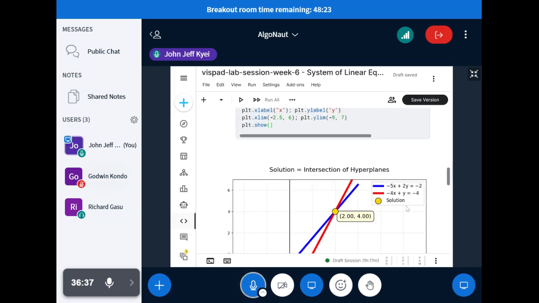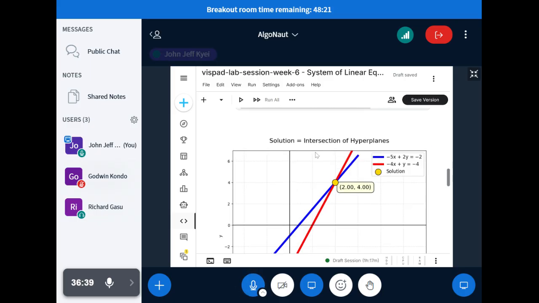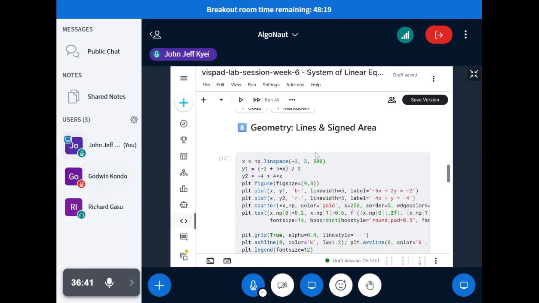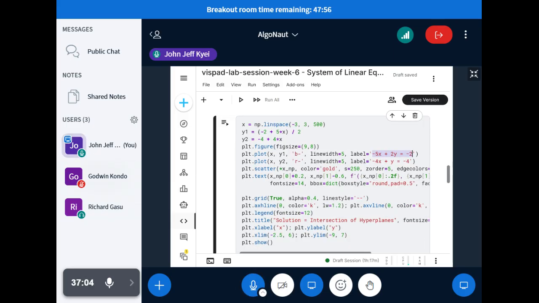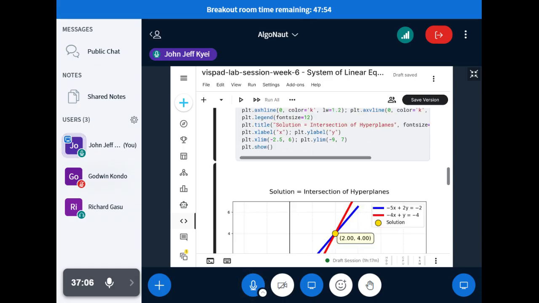This is the matrix and the vector that we are working with, but represented in equations. In equations, y equals mx plus c, and you can already tell the vectors from this. Our matrix was -5, 2, -4, 1, times x, and then our b was -2 and -4.